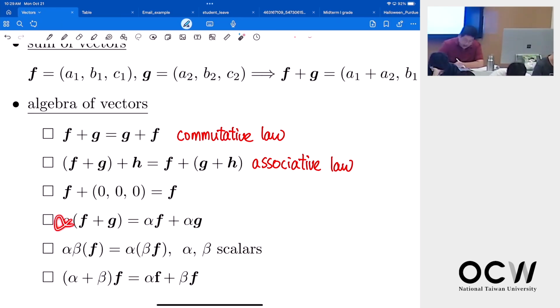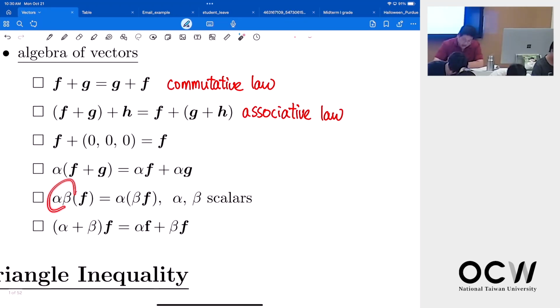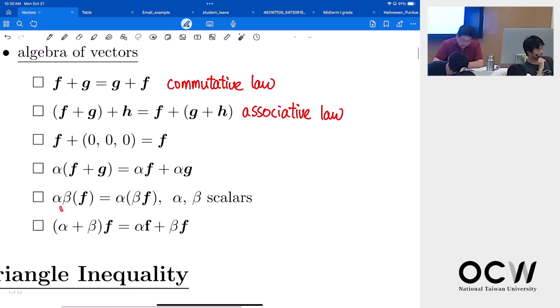If I multiply a scalar alpha by the sum of these two vectors, that is also equal to the product with each vector individually, then doing the summation. And if I have two scalars, alpha and beta, you can do the scalar multiplication of beta with your vector first, and then multiply by another scalar.